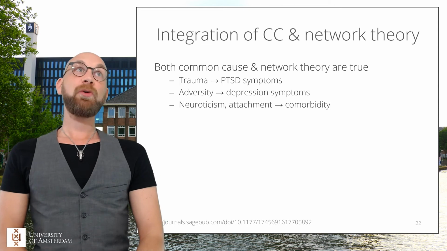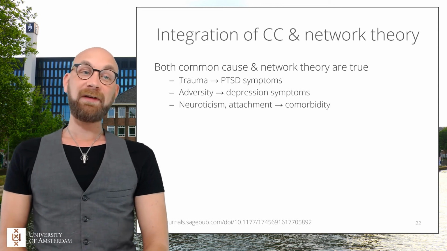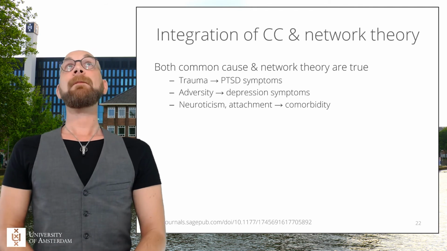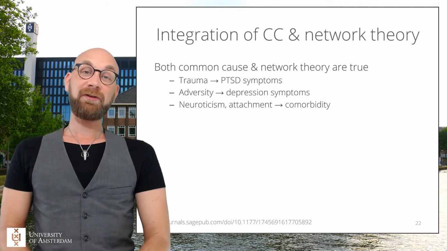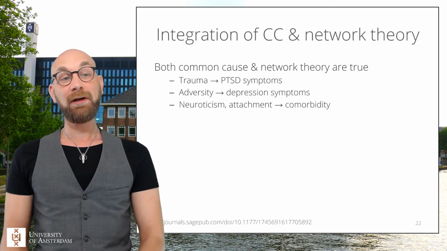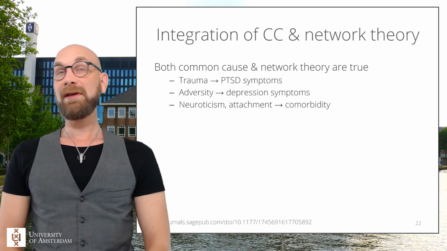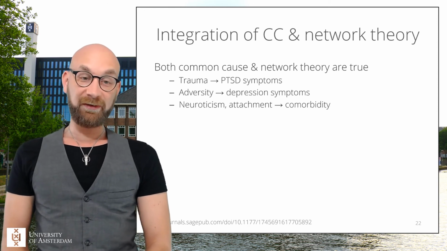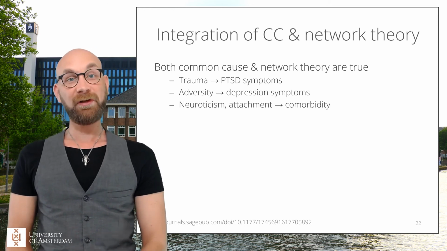We know that early adversity or life stress is a common cause for numerous depression symptoms. We know that there are many transdiagnostic risk factors that cause or contribute to psychopathology broadly. Neuroticism, maybe attachment, early adversity. It predicts anxiety disorders and mood disorders and other disorders.